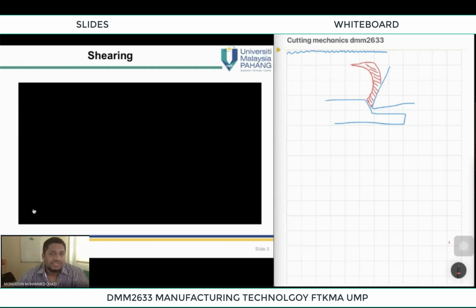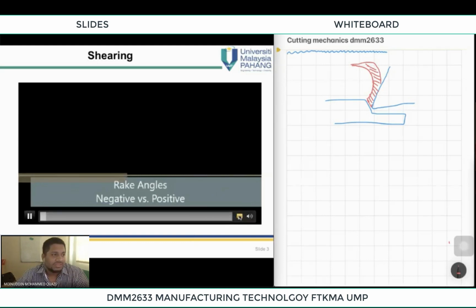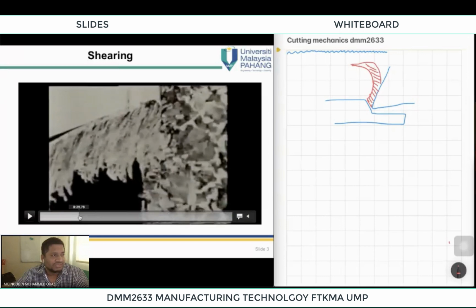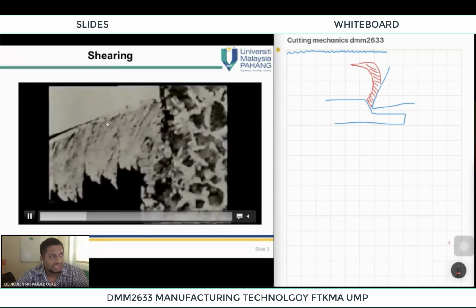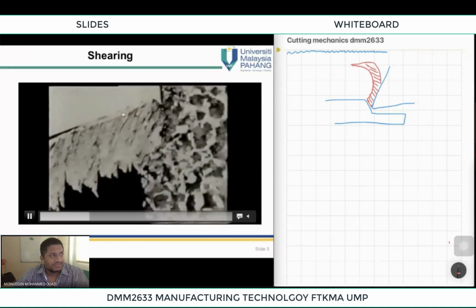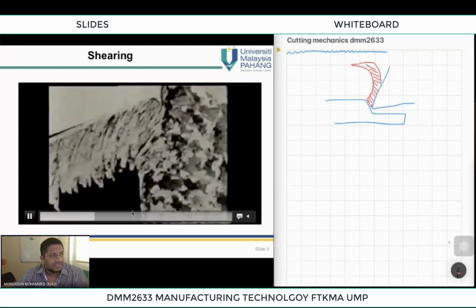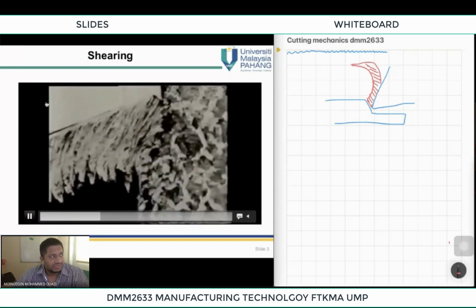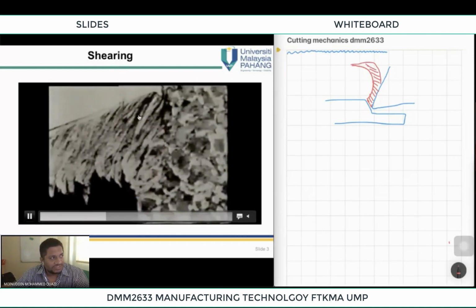So if you visualize the shearing process microscopically, you can see how it occurs. This is microscopically how the shear planes are produced. These are shear planes, okay. So this is the tool moving downwards, and now you can see this is the chip which is produced.